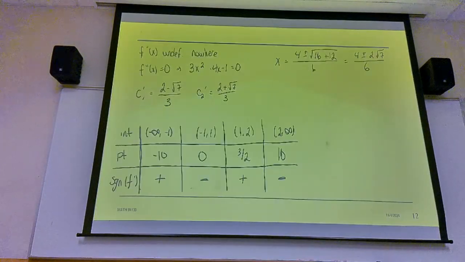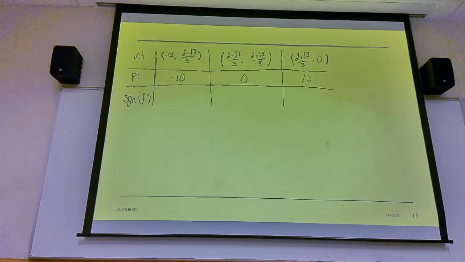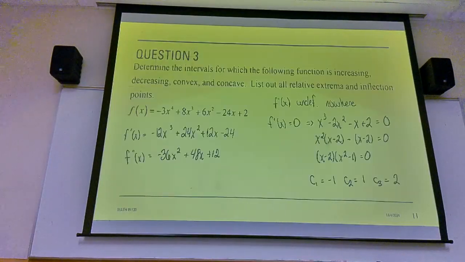That makes that so easy. So go back to f double prime. At negative 10, positive or negative? Well, I'm going to look here again.